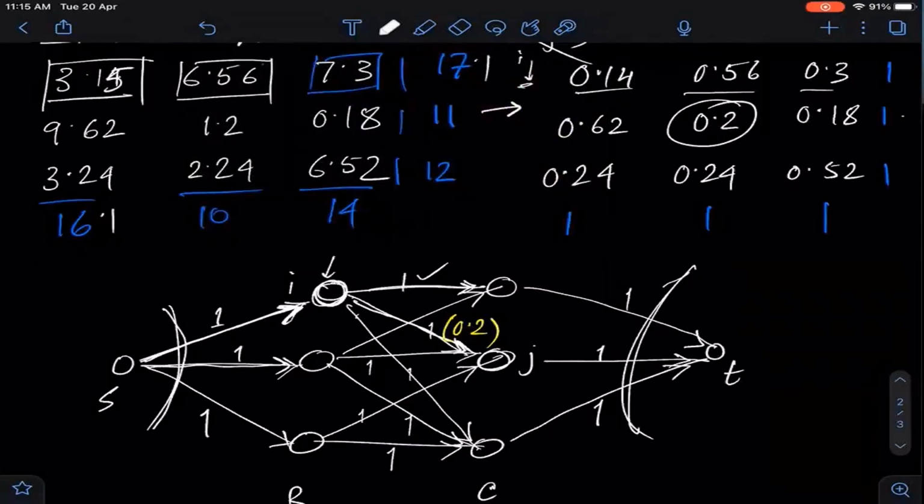Now the problem formulation will slightly change. It will say that again, you have to round up or round down to the nearest integer, but you are also now allowed to round up or round down the row sums and the column sums to the nearest integers. So this 16.1, you can make it 16 or 17. You cannot do more than that. You cannot make it 15 or 18.